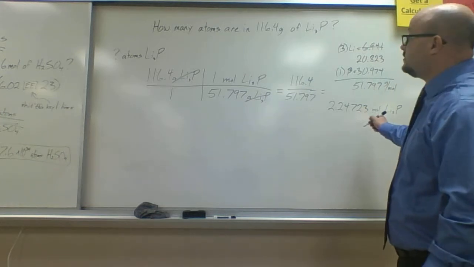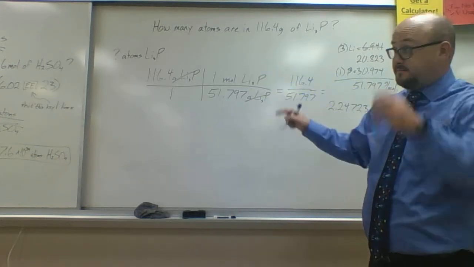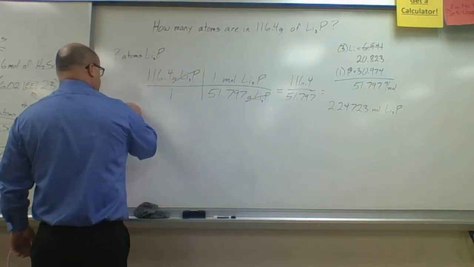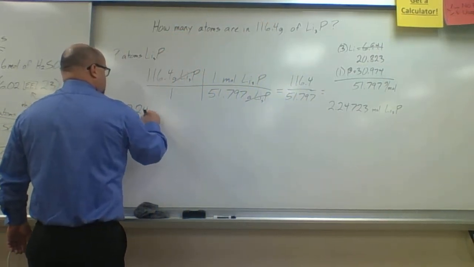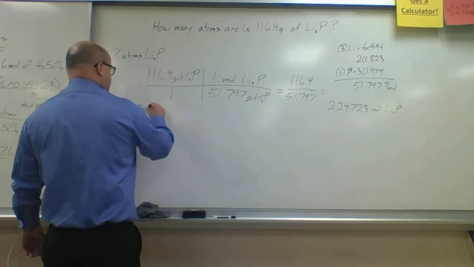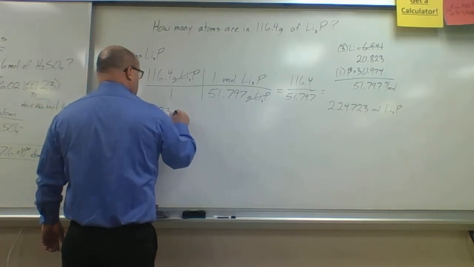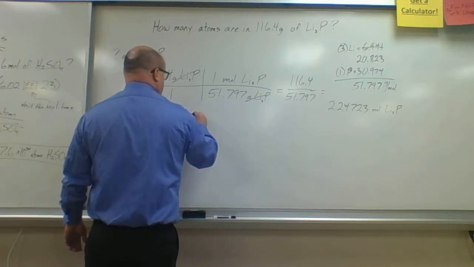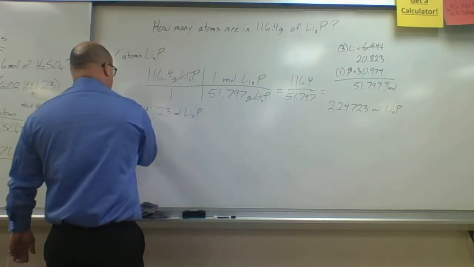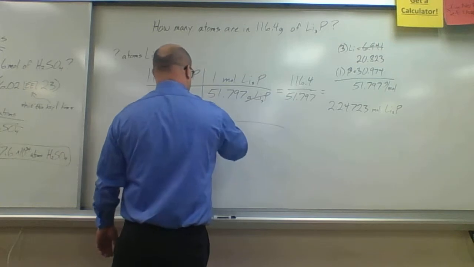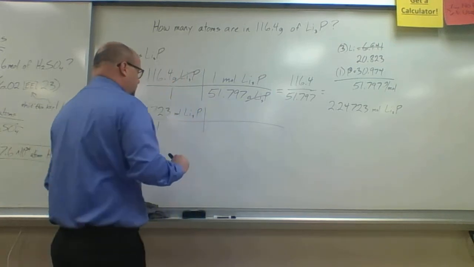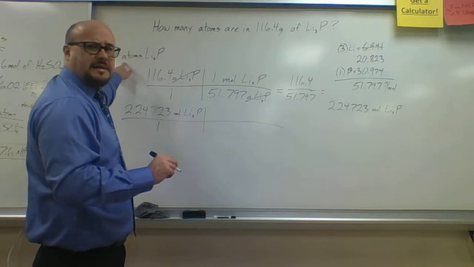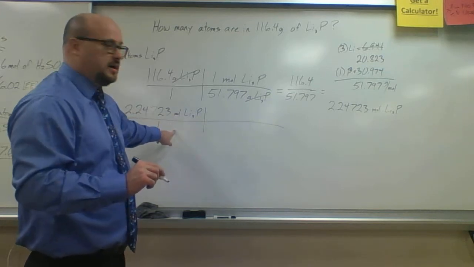Now we have moles, we can find atoms. Start off with what we calculated, moles. So 2.24723 moles of lithium phosphide. Railroad track, railroad tie over 1. We want atoms, so we need moles on bottom.